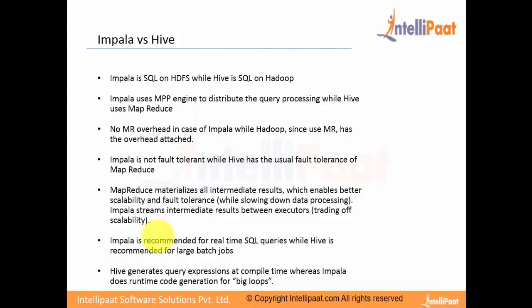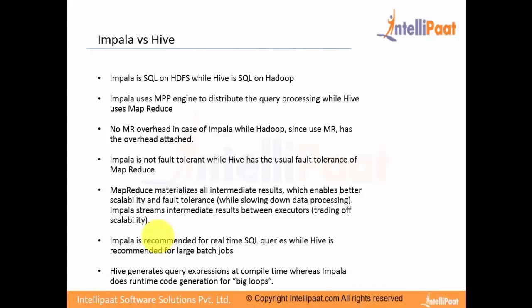Now, what happens in MapReduce when the data is distributed across different nodes and processed on different nodes across the cluster? If any of the nodes fails, the execution is triggered on some other node having a copy of this data. But in the case of Impala, that is something that does not happen.